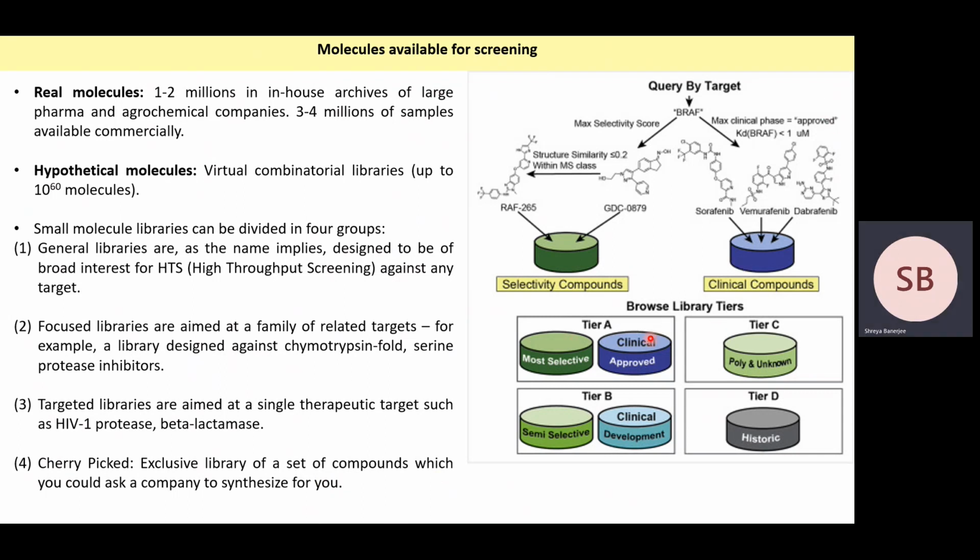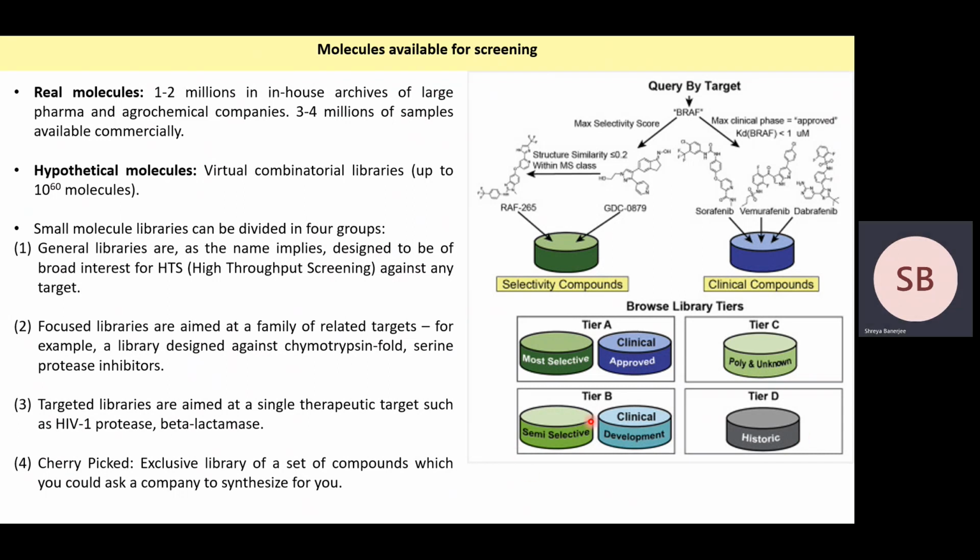So basically, there are different kinds of libraries as we discussed. There are very selective libraries like the cherry-picked libraries. There can be clinically approved libraries, that is consisting of molecules which have been clinically approved. There are historic libraries which were basically used for the traditional drug discovery methods.